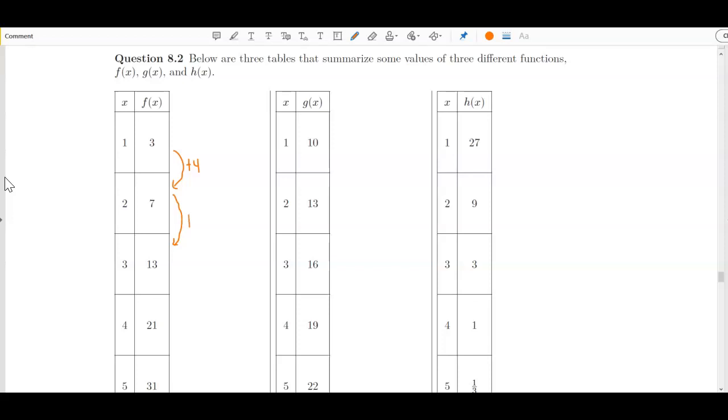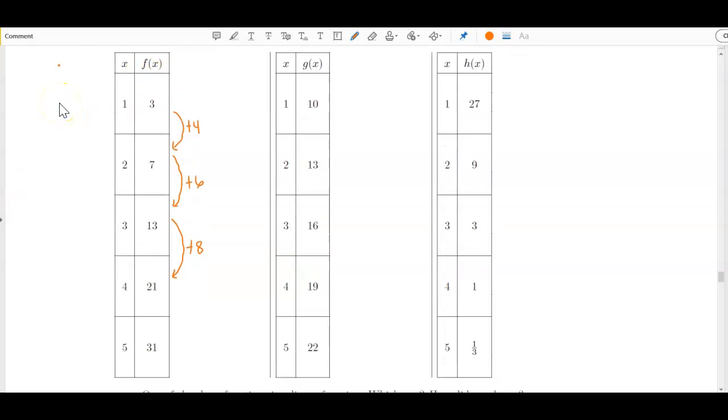That would be 6. And then 13 plus what gives me 21, which would be 8. 13 plus 8 is 21. And then the last one, 21 plus what gives me 31, and that would be 10.